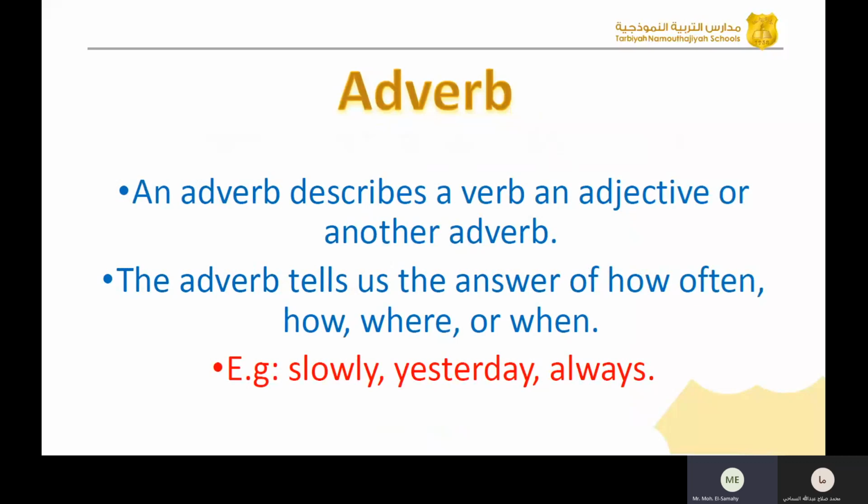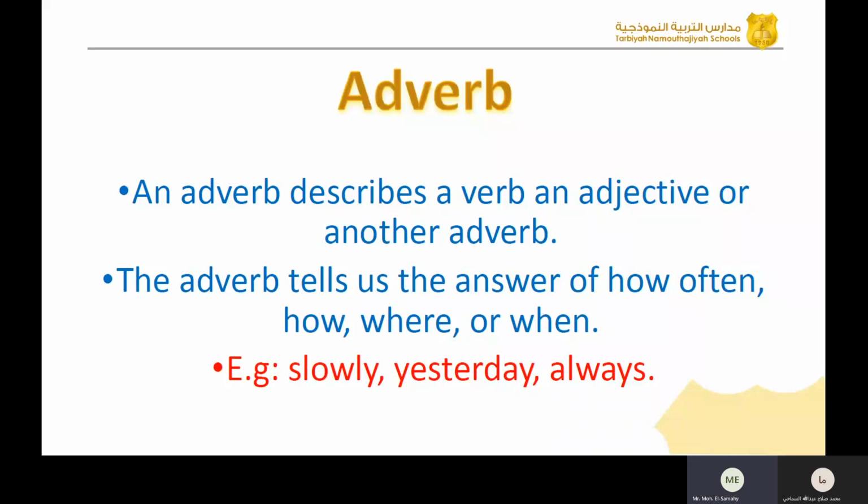But if I say Ahmed runs quickly, the word quickly describes what? It describes runs, or it describes Ahmed? Of course, it describes runs. So it is describing the verb. So it is an adverb.